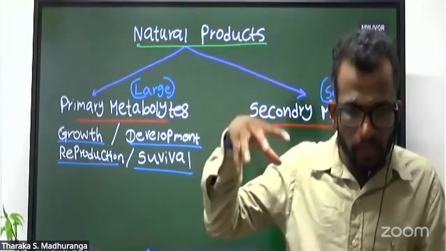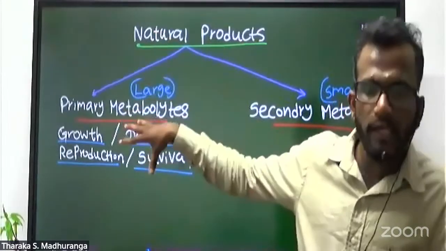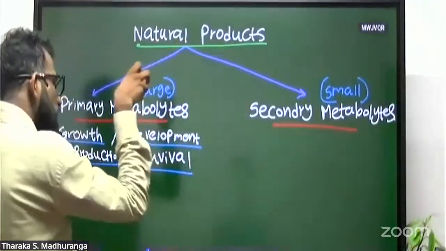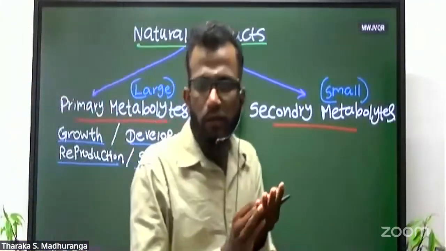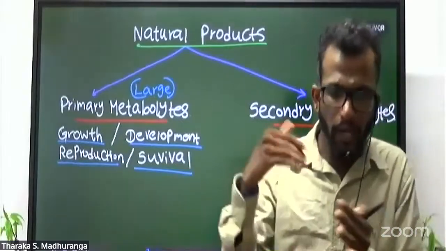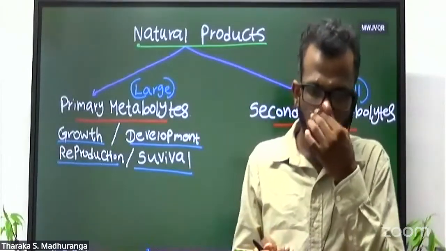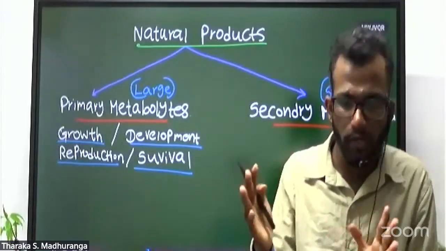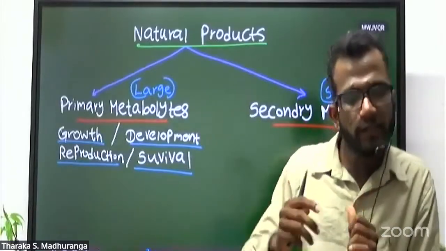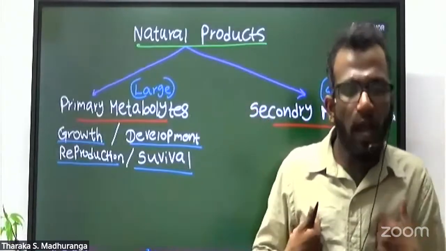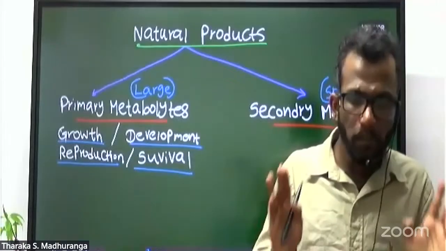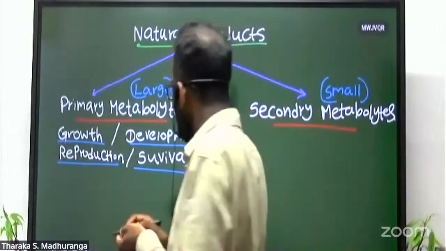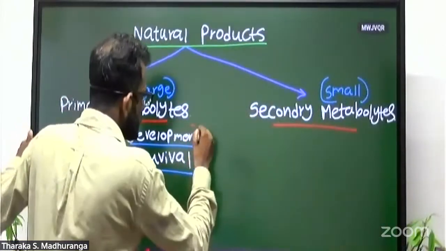That means without primary metabolites, growth, reproduction, development or survival cannot happen. They are the most compulsory compounds for living organisms. Without primary metabolites, actually we can't live. Any organism can't live without primary metabolites. They are directly involved.